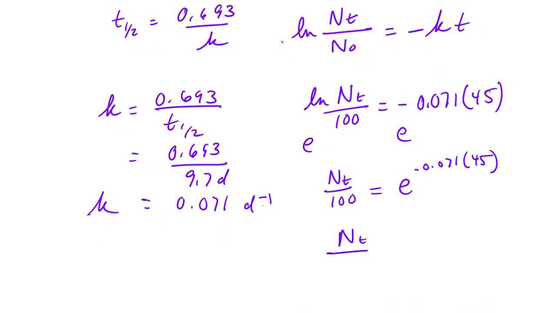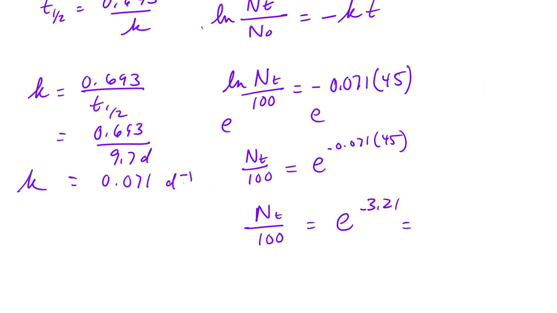N over 100 equals e to the minus 3.21, which is 0.040. If we multiply both sides of this equation by 100, N sub t equals 4%.